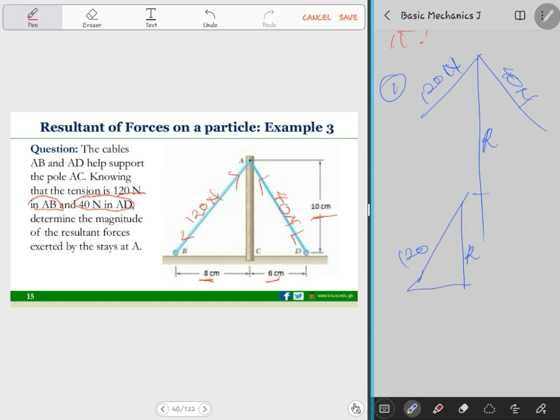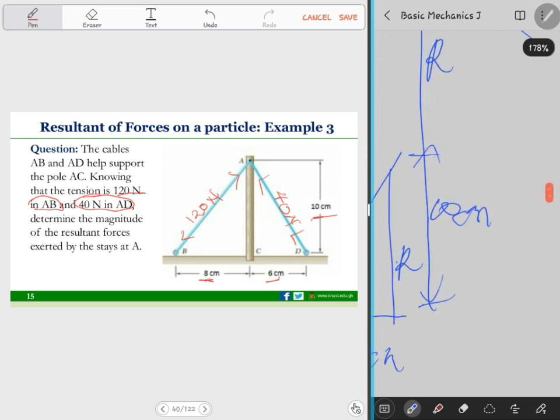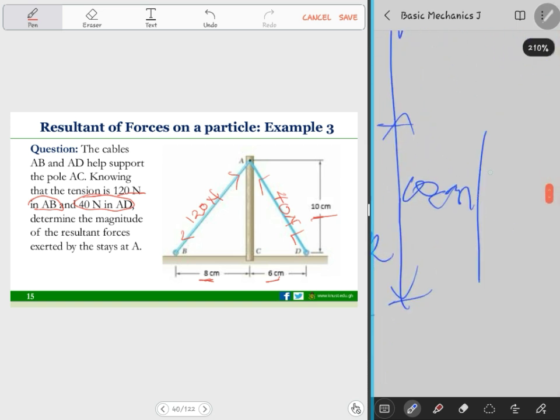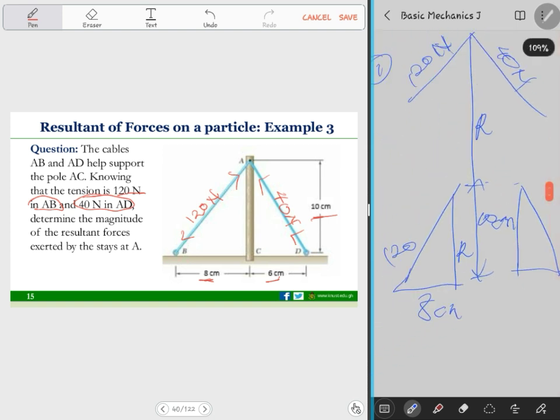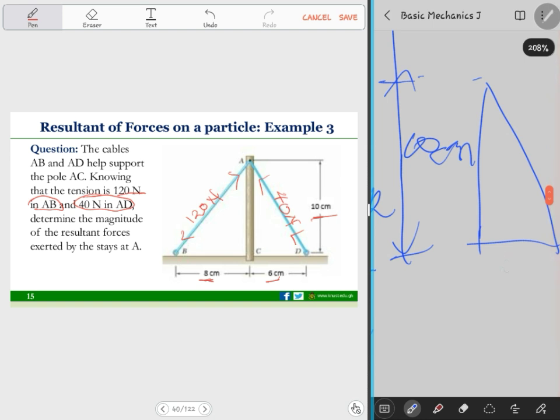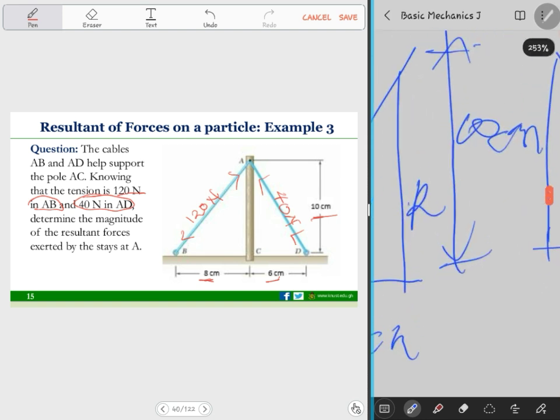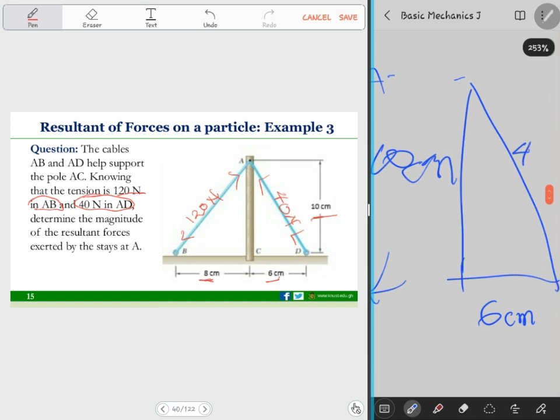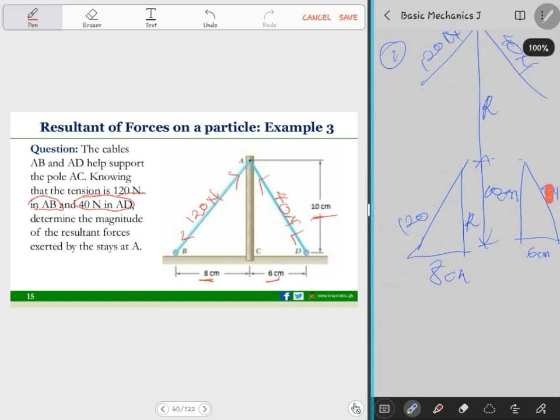From here to here is 10 centimeters, and here is 8 centimeters, and then we have another triangle of the same length. When you are doing it, it's not necessary that you write everything that we are doing here, but let's get the understanding so that when you are solving questions of this sort, you get to speed up. You know where you are going, you have what you need, and then you just move straight forward.